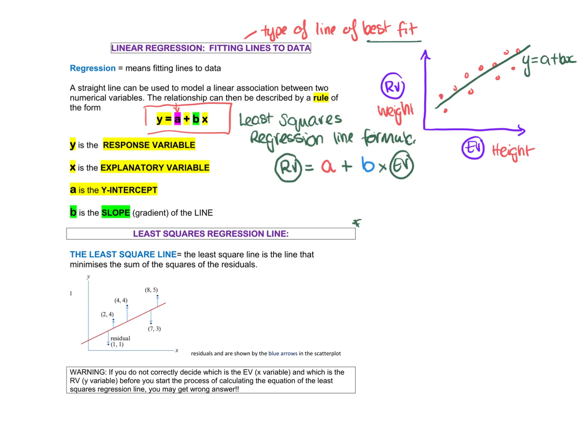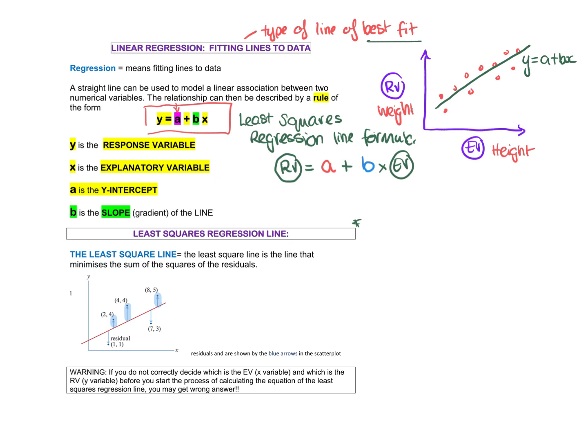So what is the calculator doing when it works out these values? It's going to work out those A and B values for us. It's called the least squares regression line because they get this line and they try to balance out all these little distances here, which are called residuals, and they square them.